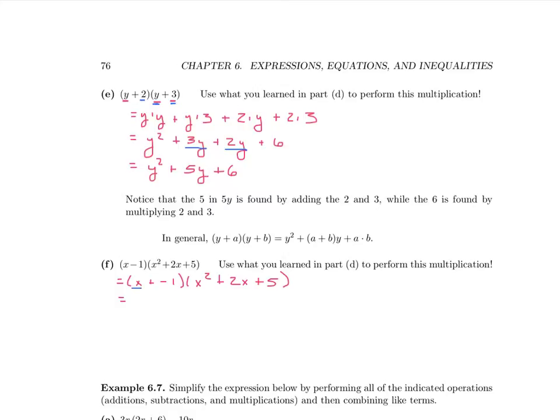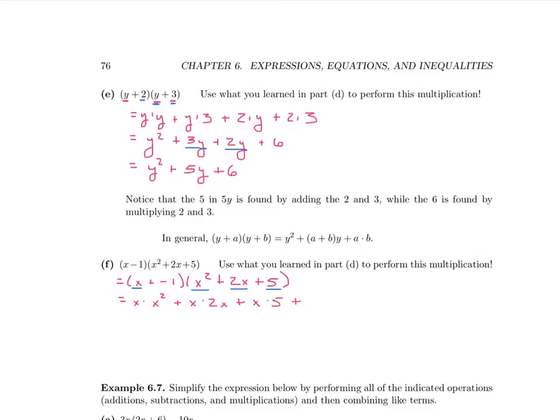So I'm going to make sure that this x multiplies the x squared, the 2x, and the 5. I'll do that first. So we will have x times x squared plus x times 2x plus x times 5.